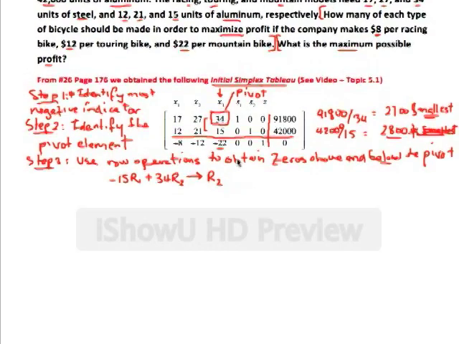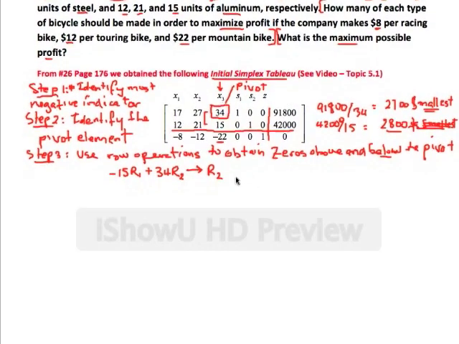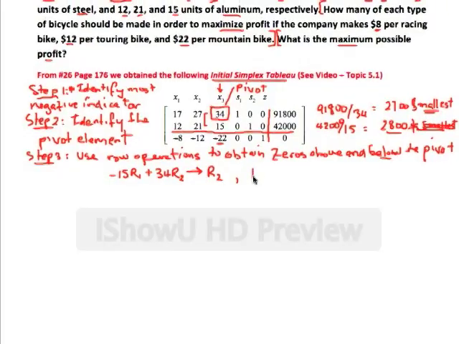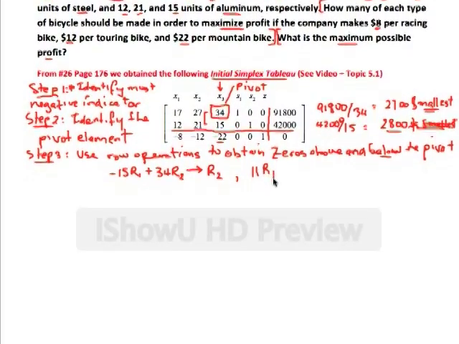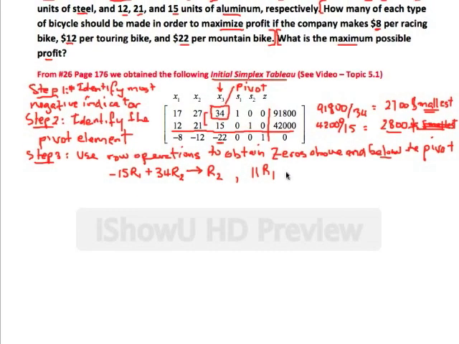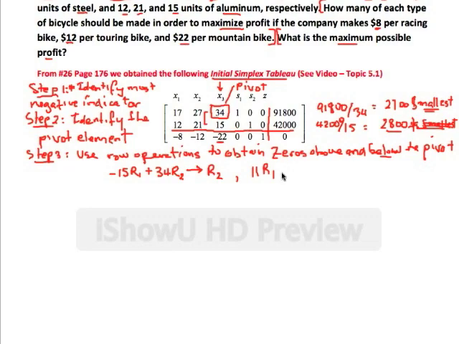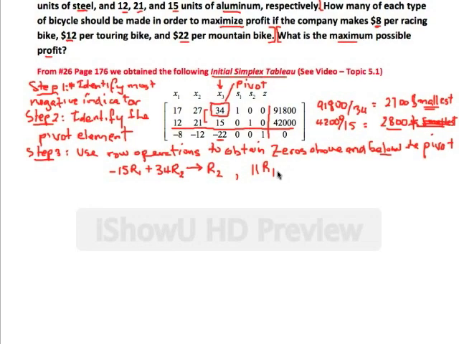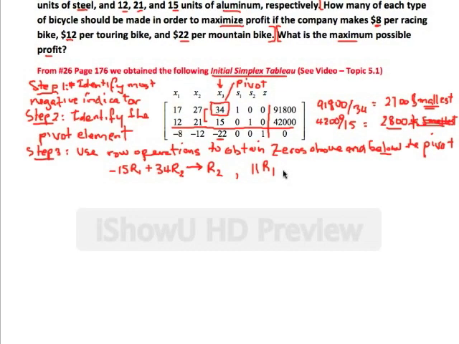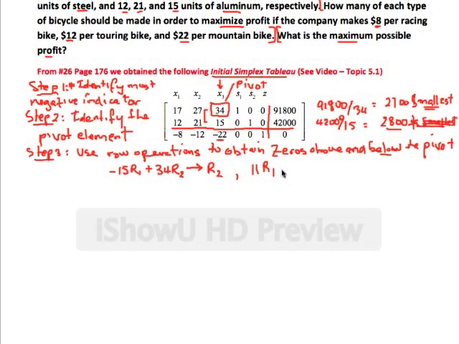You can play around with this to make sure. We could do 11 R1, because if you multiply 34 by 11, let's check our arithmetic, we'd end up with 374.